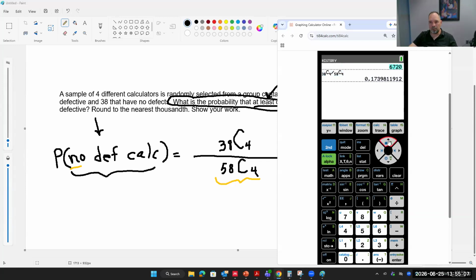Let me see if I can do that a slightly different way. Oh, let's try this again. Let's try this a different way. See if it makes sense. 38 choose 4. That's all the ways of choosing 4 non-defective calculators.